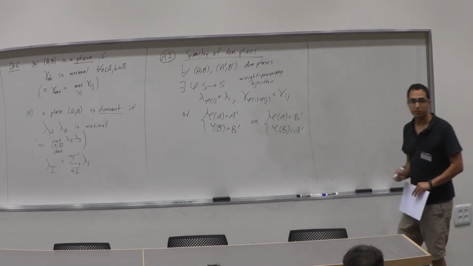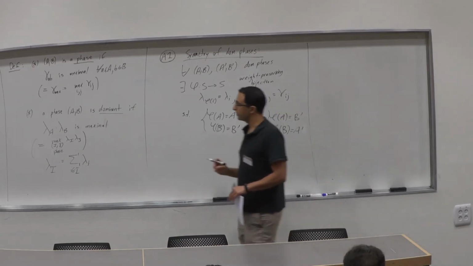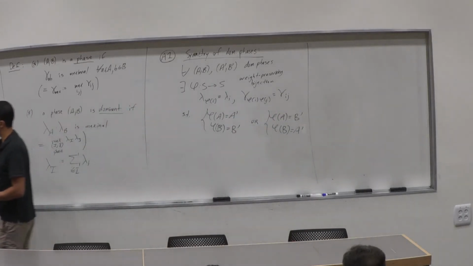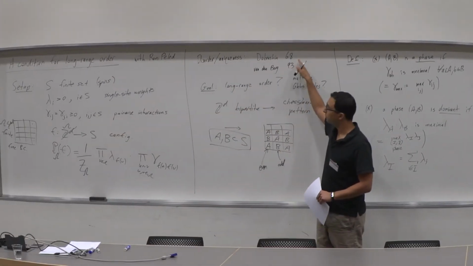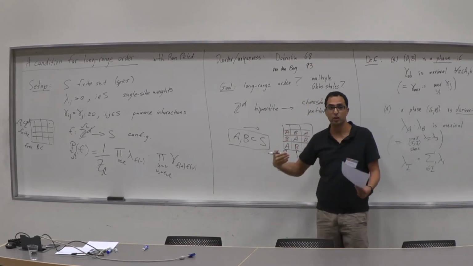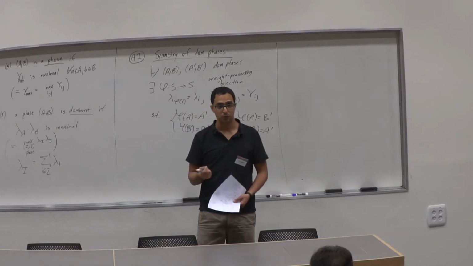Okay, for the second assumption, I'm going to need some definitions. Before I give the definitions and write the assumption, let me just point your attention again to this fact of disorder. Okay, so in some cases there is disorder. There's no long-range order. When does this happen? It happens, for instance, when the interactions are weak.